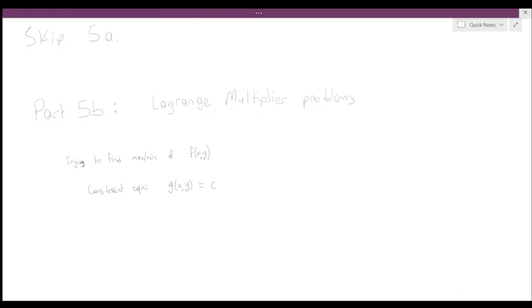And so the way that Lagrange multiplier works is you'll need to compute the partial derivatives of f with respect to x and with respect to y. And then you'll need to do the same and compute the partial derivatives of g with respect to x, as well as g with respect to y.